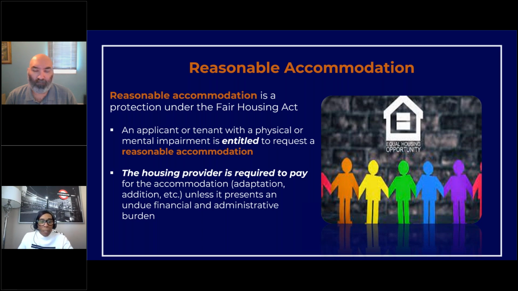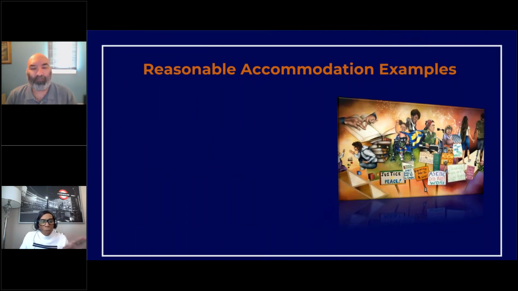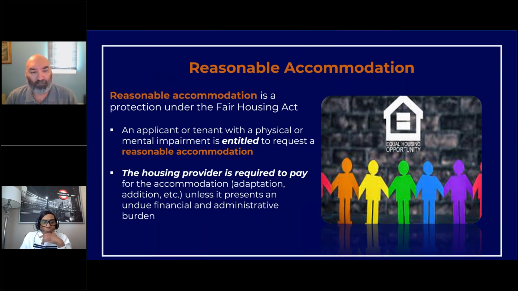God forbid something has happened to you during your tenancy and you need a reasonable accommodation, you can go to your housing provider and request one. And one of the biggest things people ask: who pays for the reasonable accommodation?